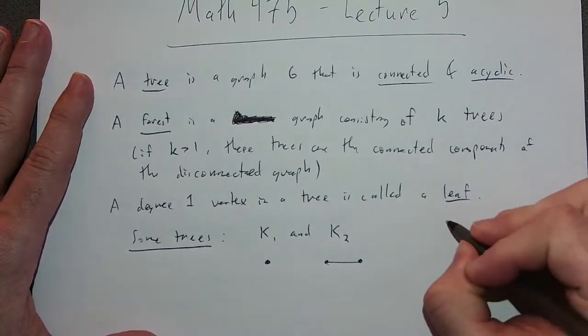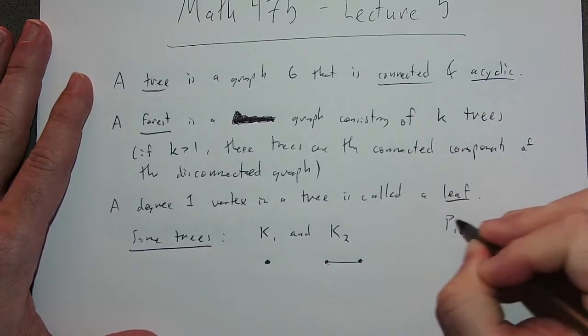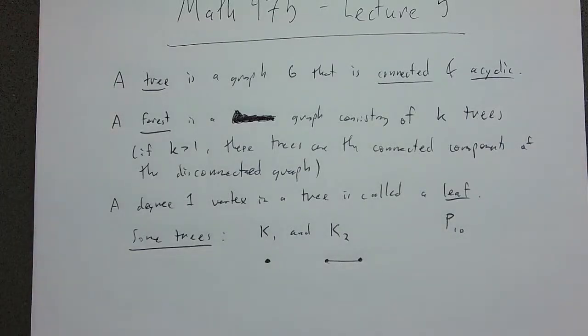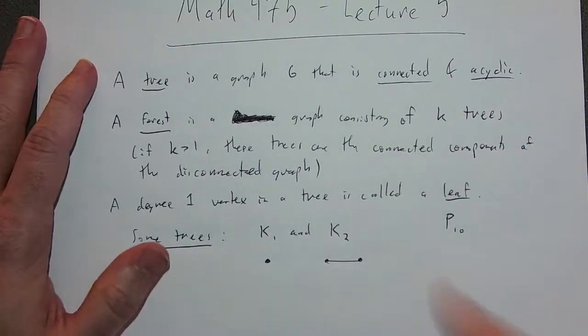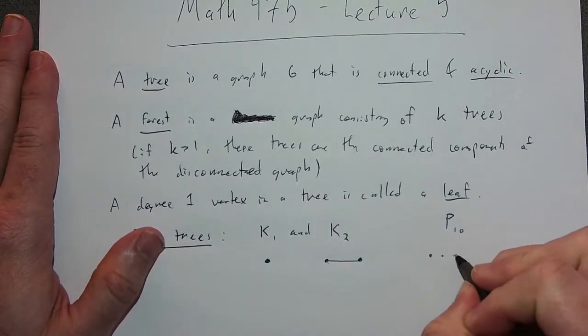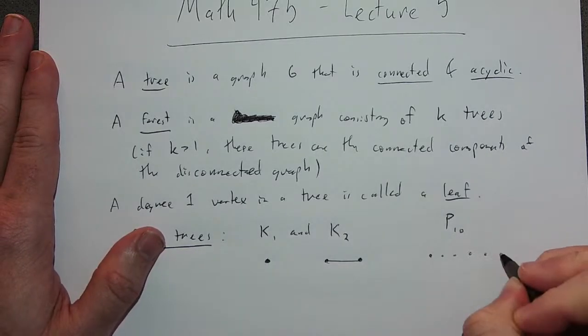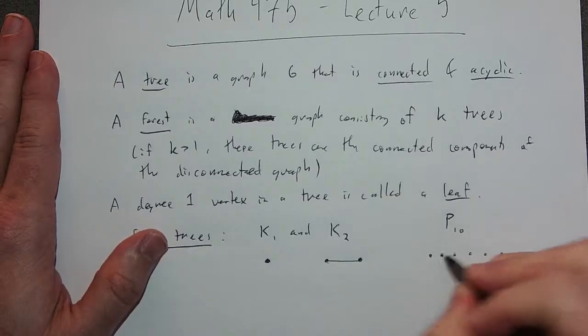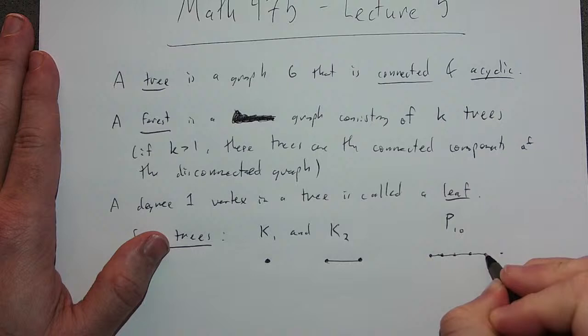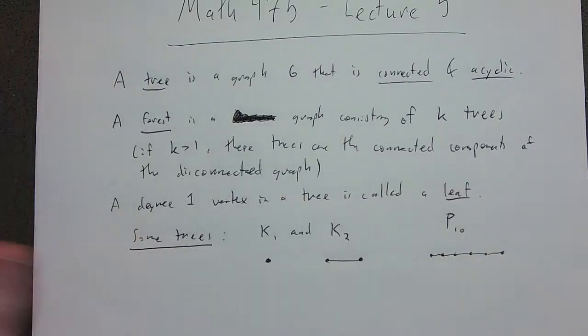What about, like, P_n, the path on n vertices? I'm not going to draw all of them. You get the idea, but that's a tree.